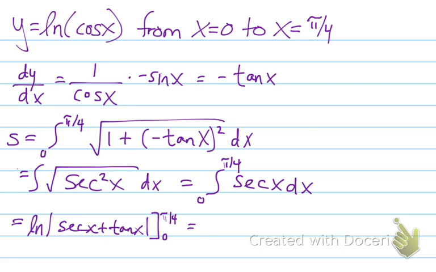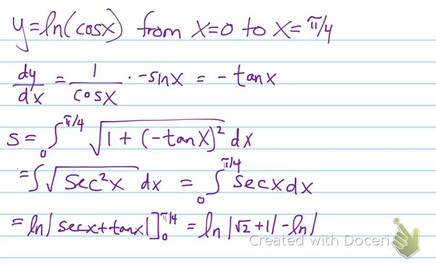So if I plug in f of b minus f of a, I get ln of secant of pi over 4, which is 2 over radical 2, and when you rationalize that, you get radical 2, plus tangent of pi over 4, which is 1, minus f of a.